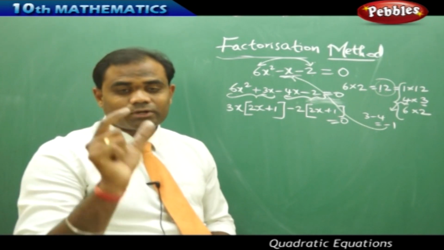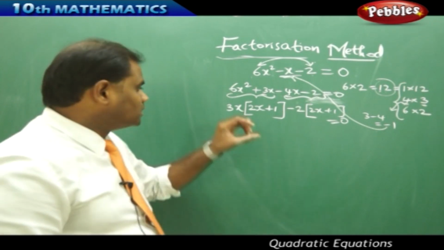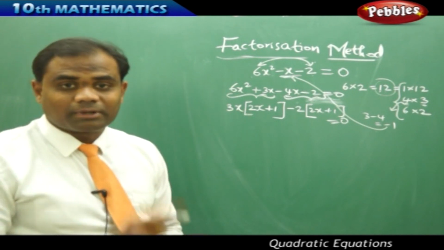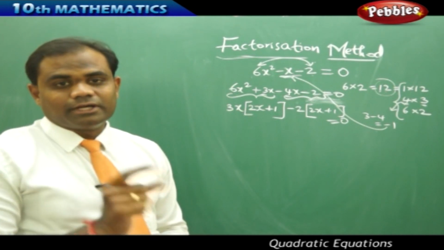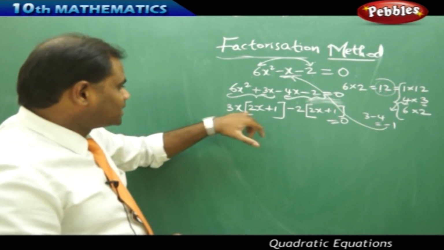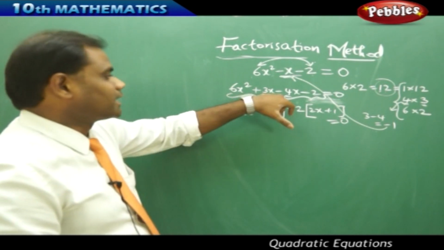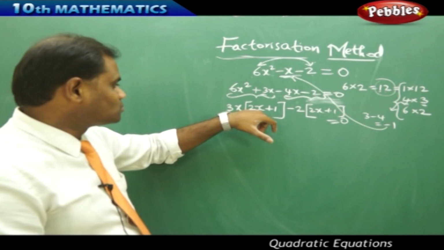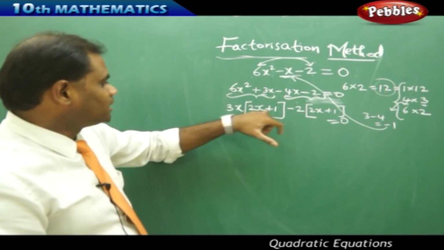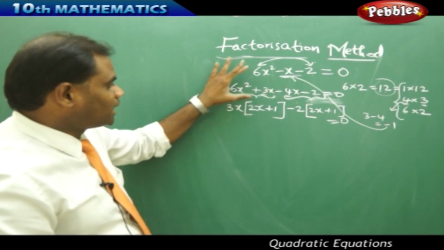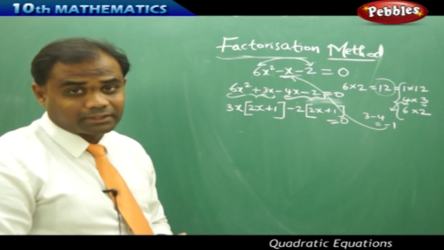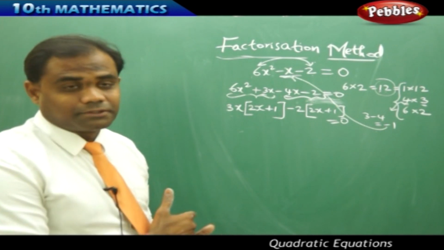Now sometimes there is a possibility that we make mistakes in taking the terms common. So it's very important to recheck whether what we have taken common out here is right or wrong. Therefore, in order to recheck, I re-expand this to see whether I get the similar terms. 3x into 2x is 6x squared, 3x into x is 3x. So what I have taken common here is very much correct. It is about verification.